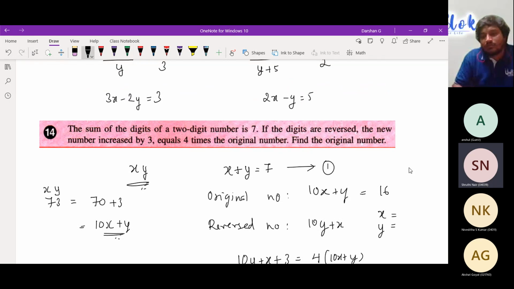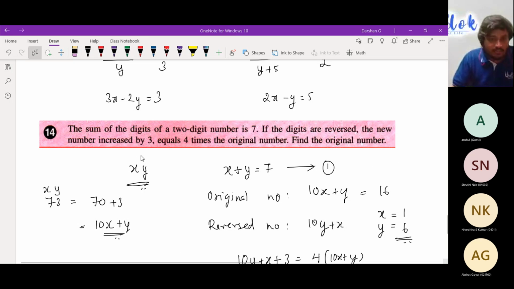Wait, sir, I haven't done it yet. It's easy actually. It should be 6 and 1, right? Yes. So it's simple, right? When we expand, it should be something like that. So this is the thing. You can also get a different kind of thing.